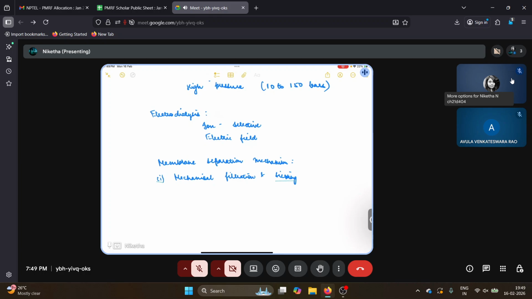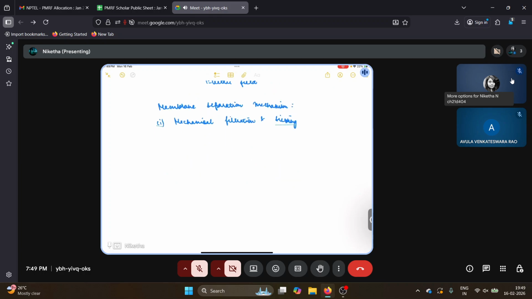Imagine we have this membrane and there is a pore here. The particle will pass through the pore if the size is small. This is mechanical filtration or sieving. But in case the particle size is huge, then it won't be able to pass through the membrane, and it will be retained here. So this is simple mechanical filtration or sieving.